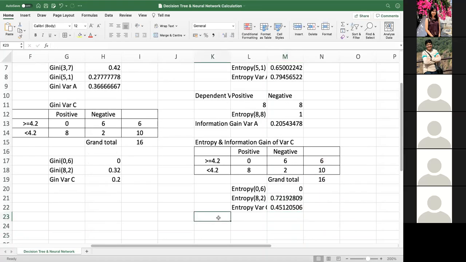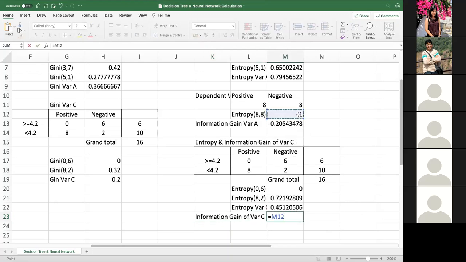Now information gain of variable C is equal to the dependent variable, which is 1, minus this, giving 0.54.